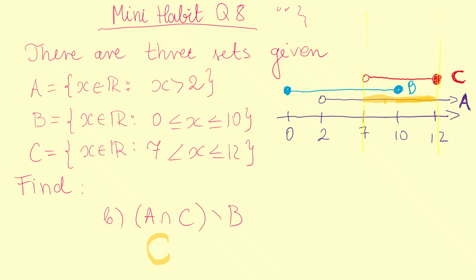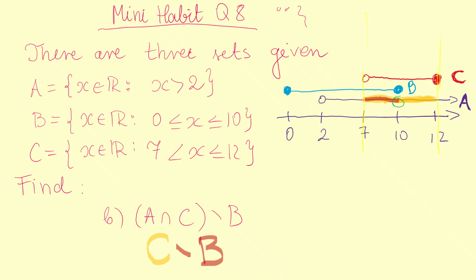Now, I'm going to take away B. So, look at this carefully. From this orange section, I need to take away B. So I need to get rid of this part. If I want to take away B, it means that this bit here cannot be included.